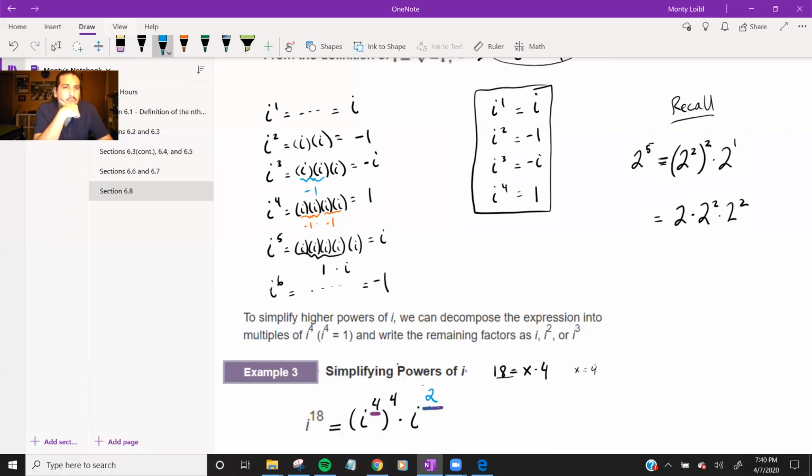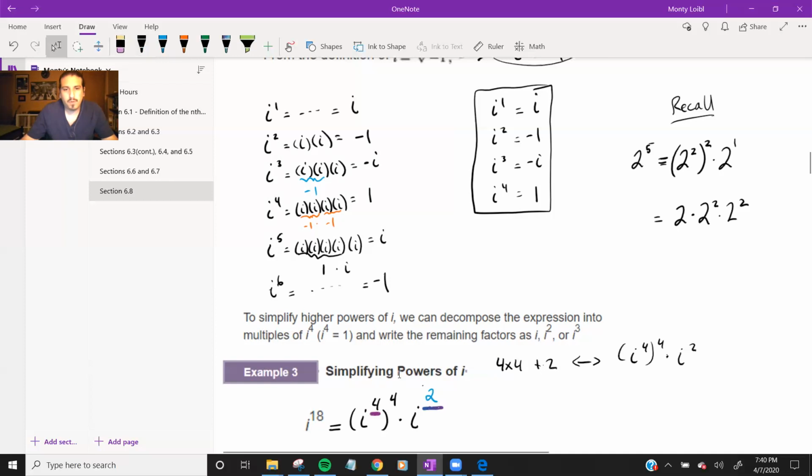Because again, what these exponents do is when you're raising to the power, what we have here is 4 times 4 plus 2, right? That is equivalent to what these exponents are doing here, right? So being able to dissect 18 down using our exponent rules to get to this.